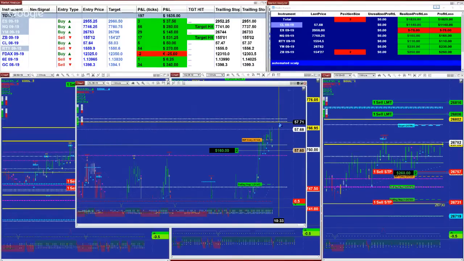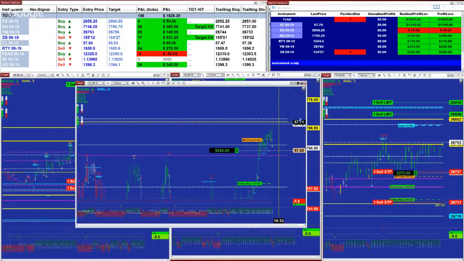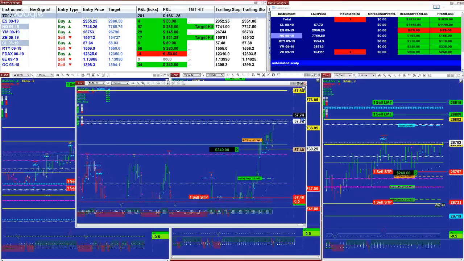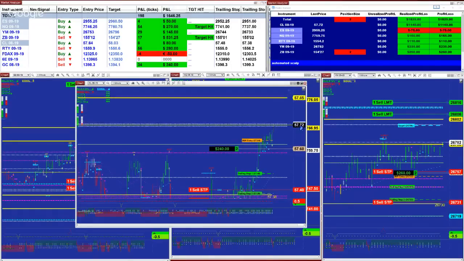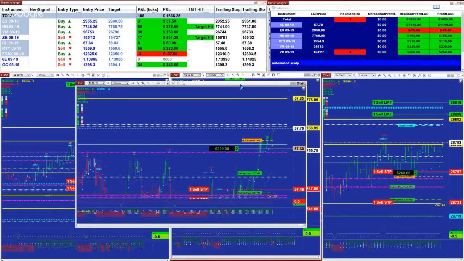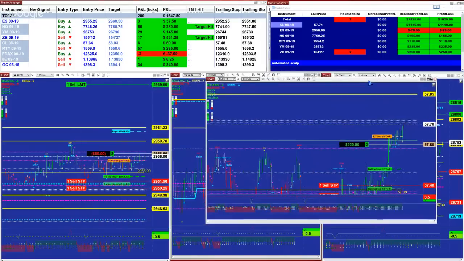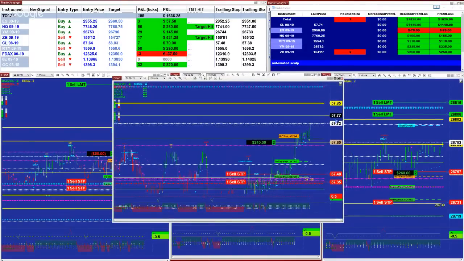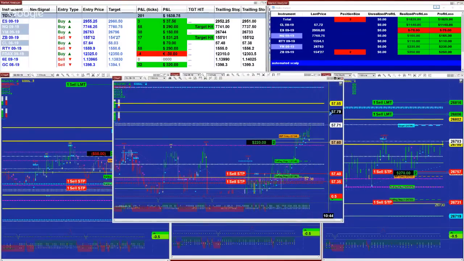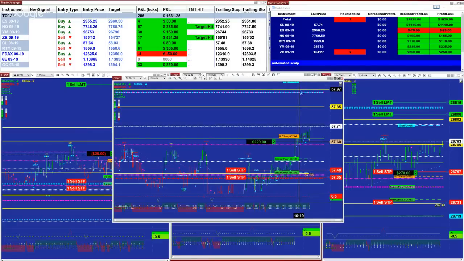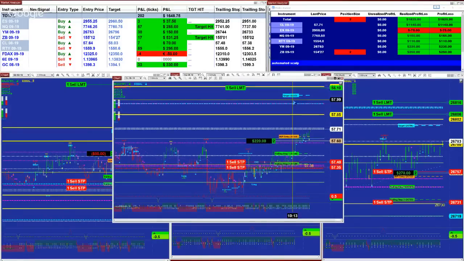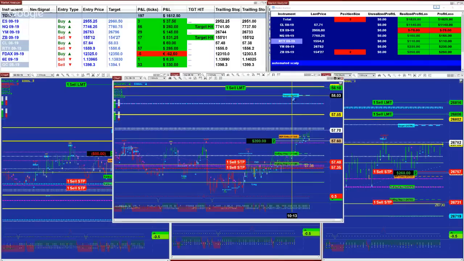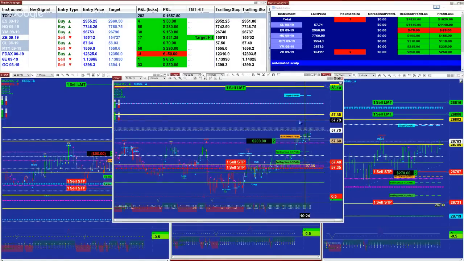Keep your eye on that. If we break that area, then we have a very good potential, or we can close the position at the 71 level. If we break above the 71 level, we are looking to the target. Today, the target on the CL is all the way to the 5803.